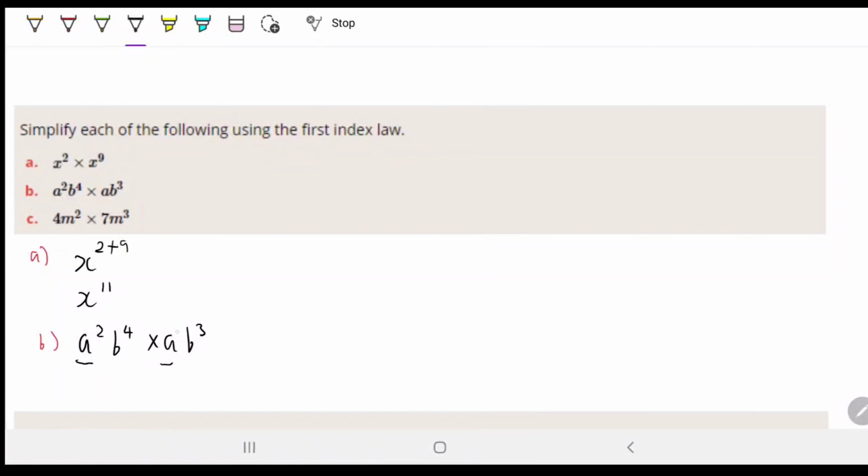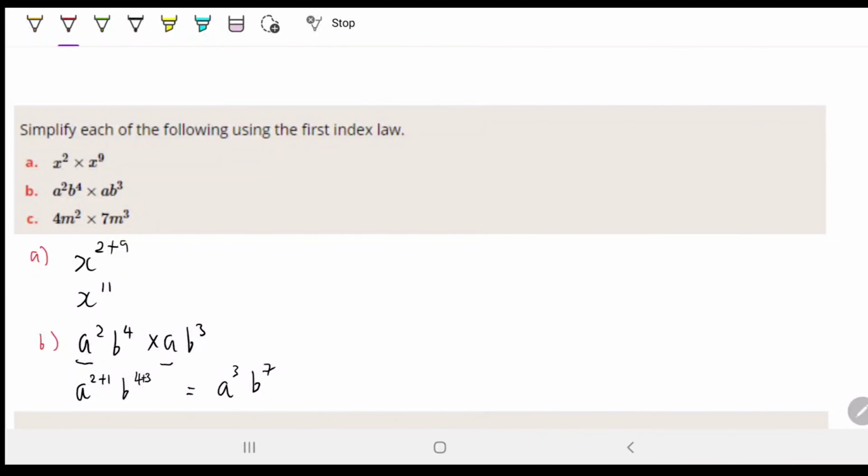Remember there's a 1 here that we don't write, so it's actually a to the power of 1. So a 2 plus 1 following the first index law, and then we have b 4 plus 3. So what we get from this is a to the power of 3 multiplied by b to the power of 7.